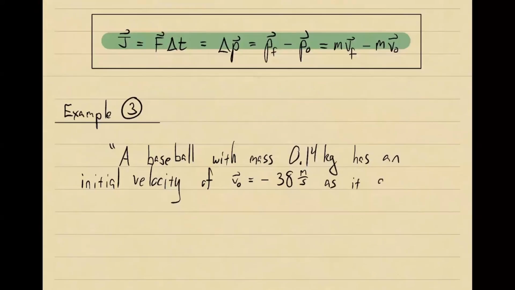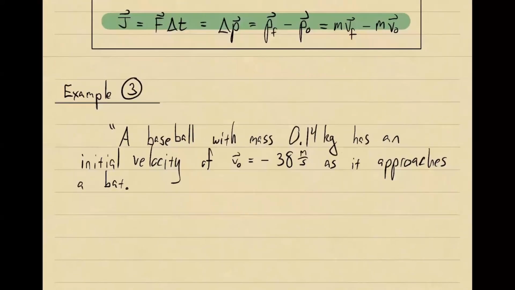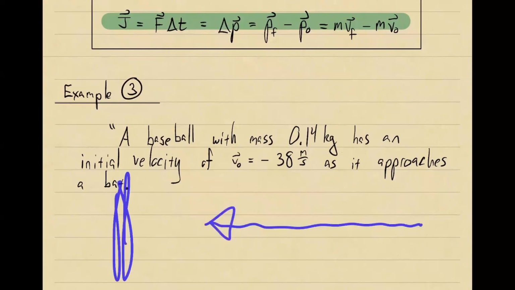As it approaches a bat, the problem goes on to say that we have chosen the direction of approach as the negative direction. So this ball is initially coming in from the right side, and it's going towards the bat, which is somewhere over here.